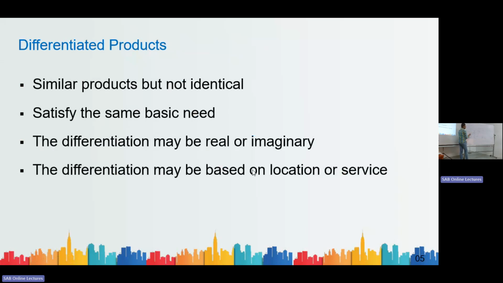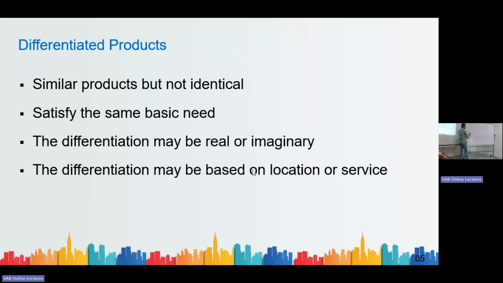Ingredients: some fast food restaurants can use locally manufactured ingredients, some can use imported ingredients. Location, as I told, if an ice cream stall is located near the cinema, then it's differentiation by location.